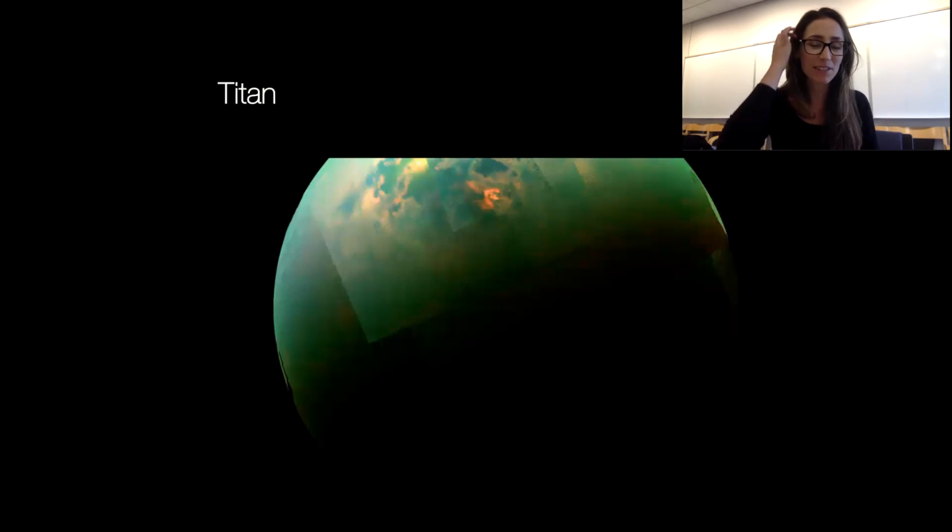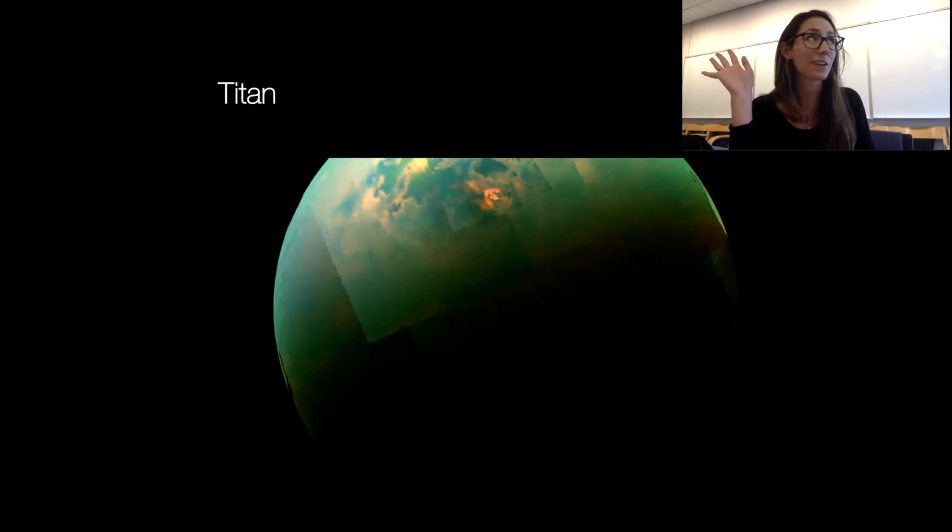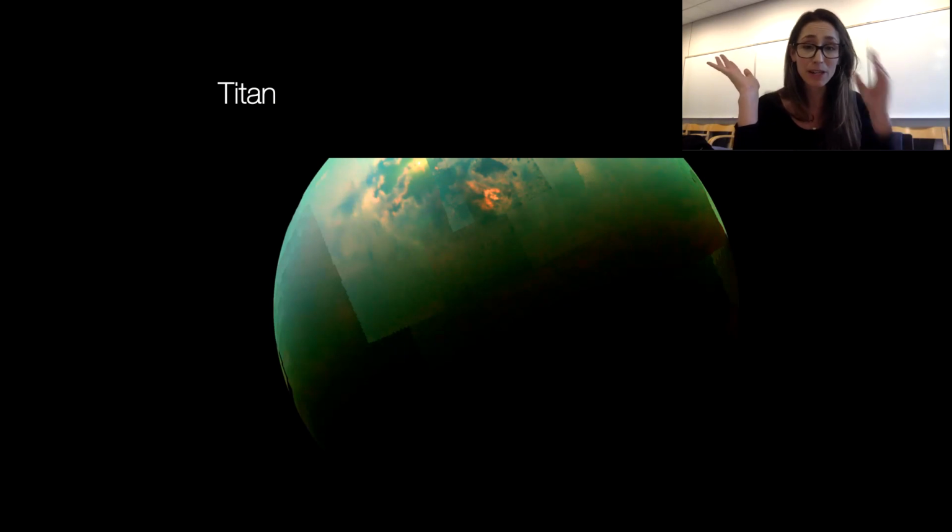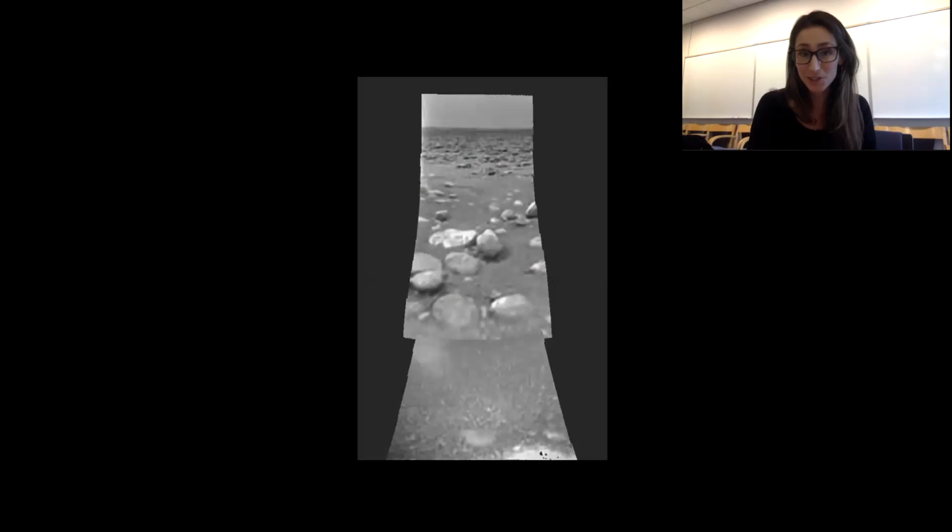And I skip a series. Titan, I just feel like it needs a shout out because it doesn't have water, but it has lakes of liquid hydrocarbons. And we sent the Huygens probe down to its surface, which a lot of people don't know. We sent a lander all the way to the surface, and it took pictures and measurements for about 90 minutes.